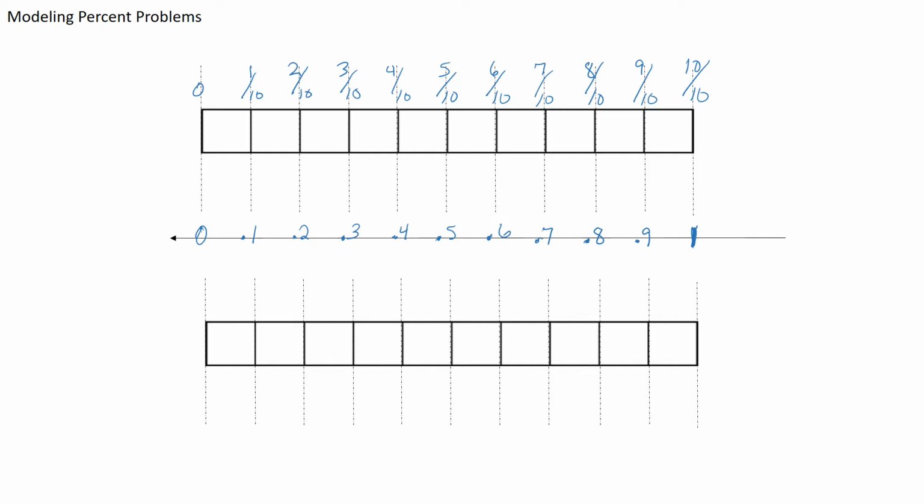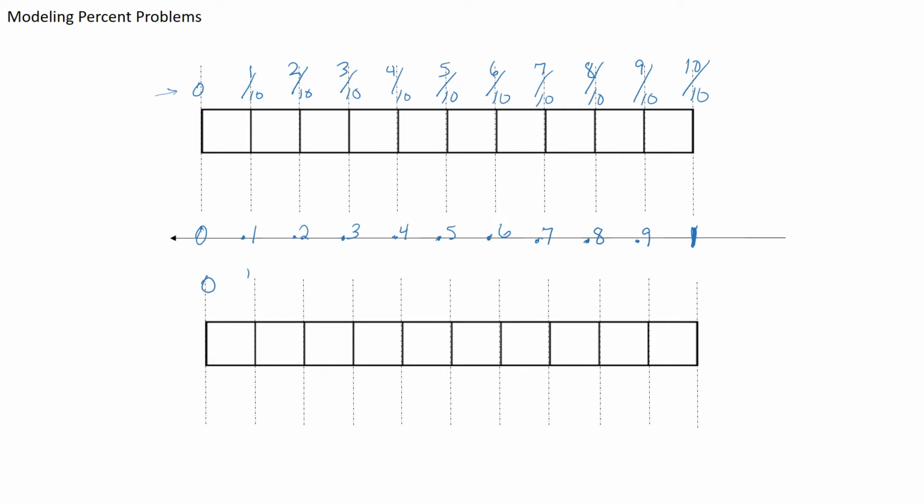Now, what we know about equivalent fractions is that if I were to write these fractions with a denominator of 100, I would multiply the top and the bottom by 10. So this would be 0.